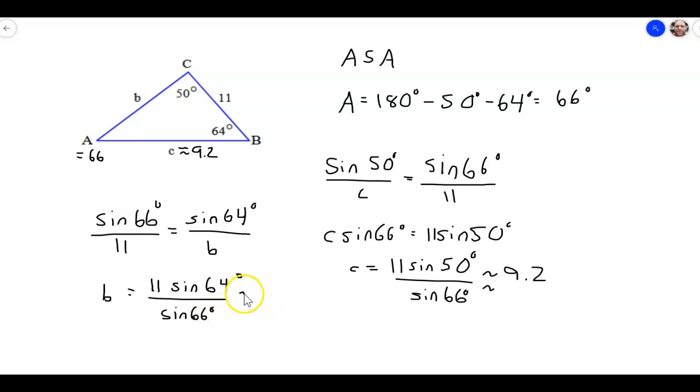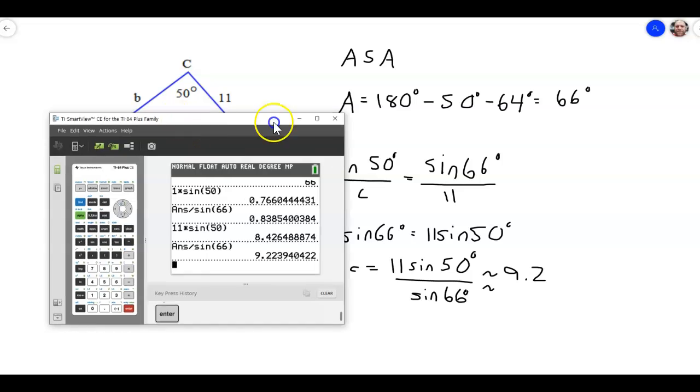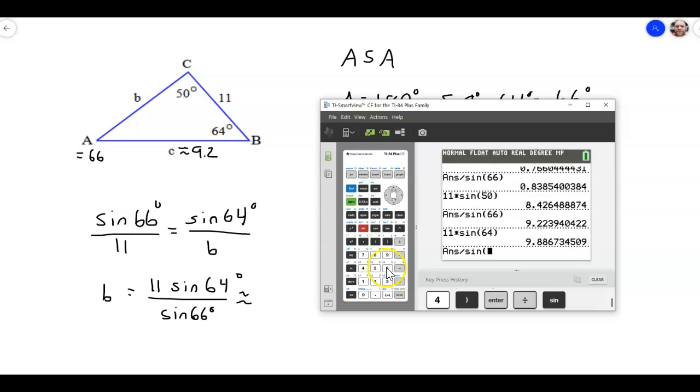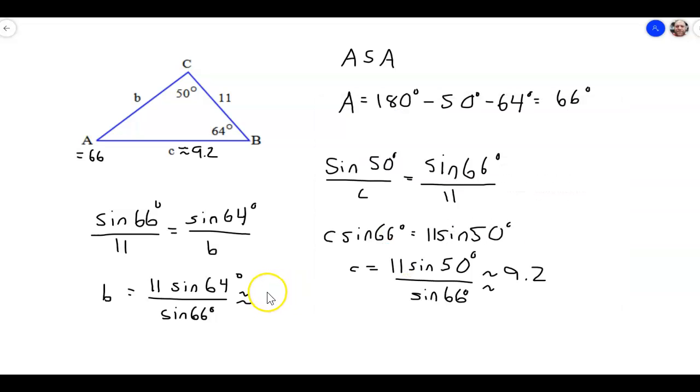Using the calculator, 11 times the sine of 64, enter, divided by the sine of 66, and that's approximately 10.8.